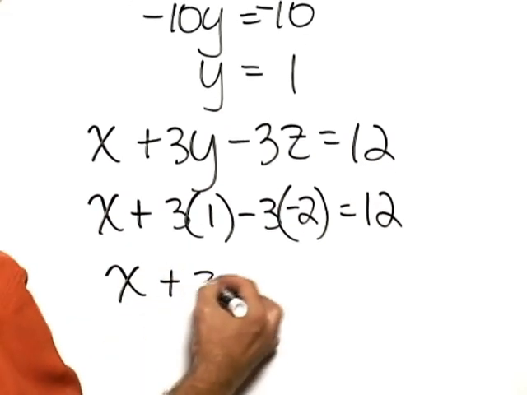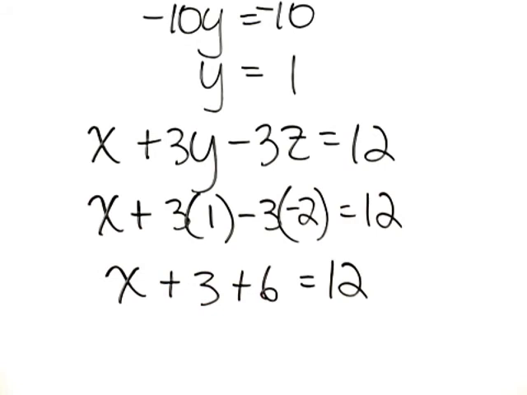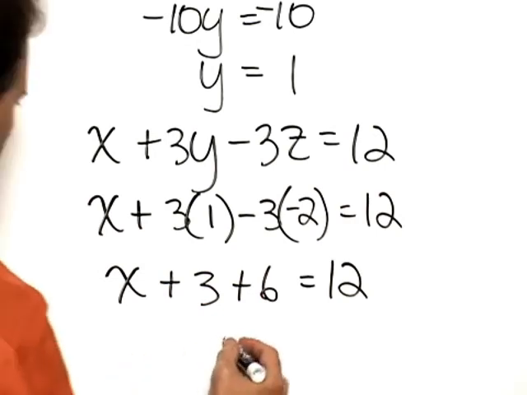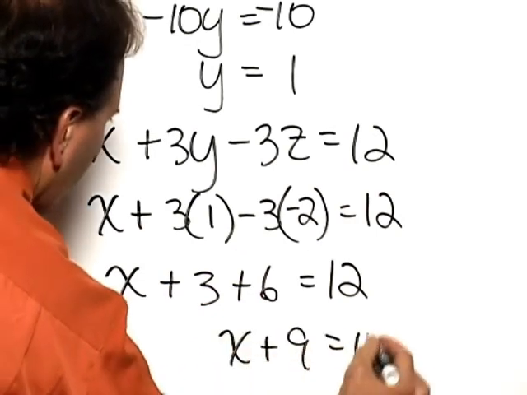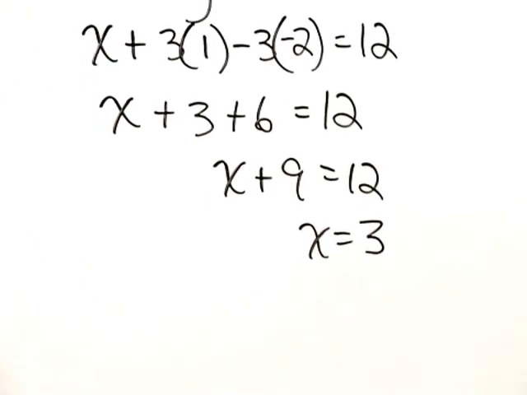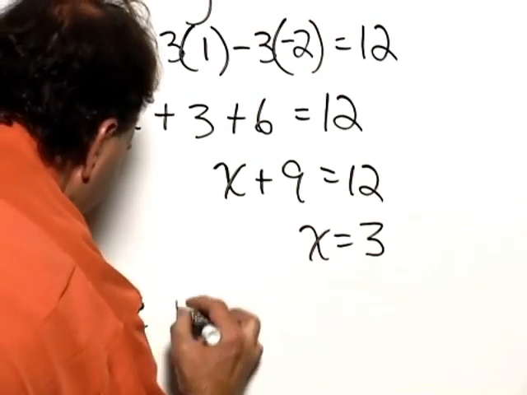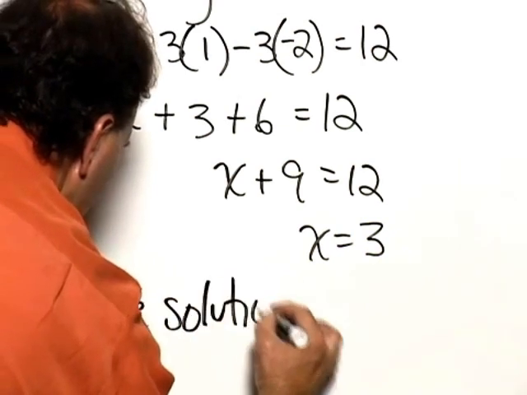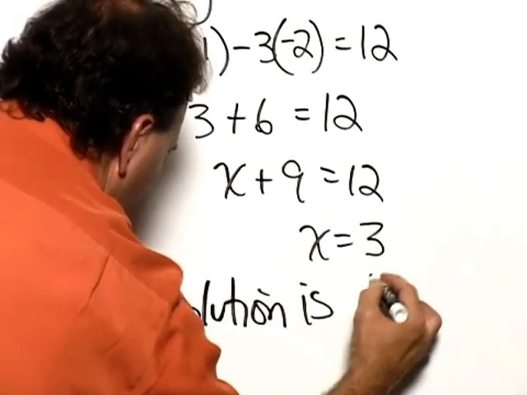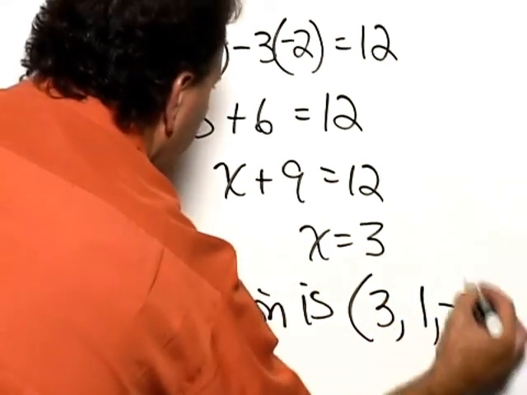That's x plus 3 plus 6 equals 12. 3 plus 6 is 9. x plus 9 is 12. And subtracting 9 from 12, we get x equals 3. I've checked this answer already, so we know that the solution is the point x equals 3, y equals 1, and z equals -2.